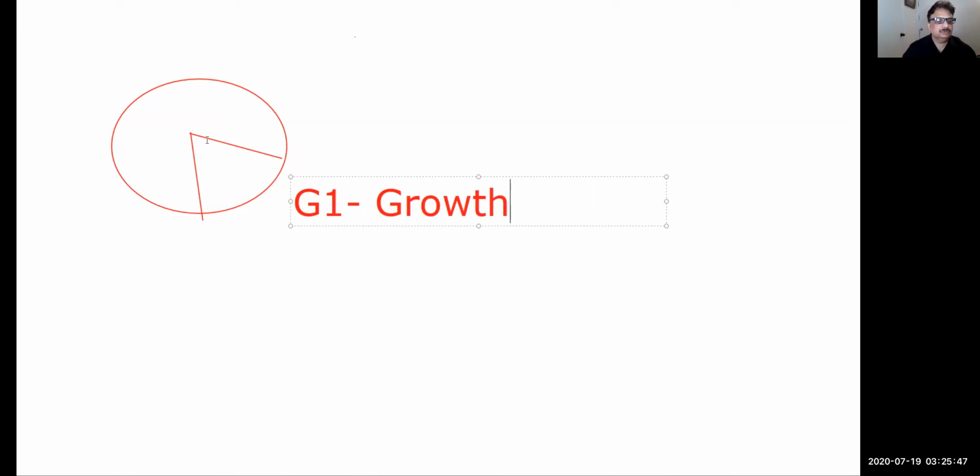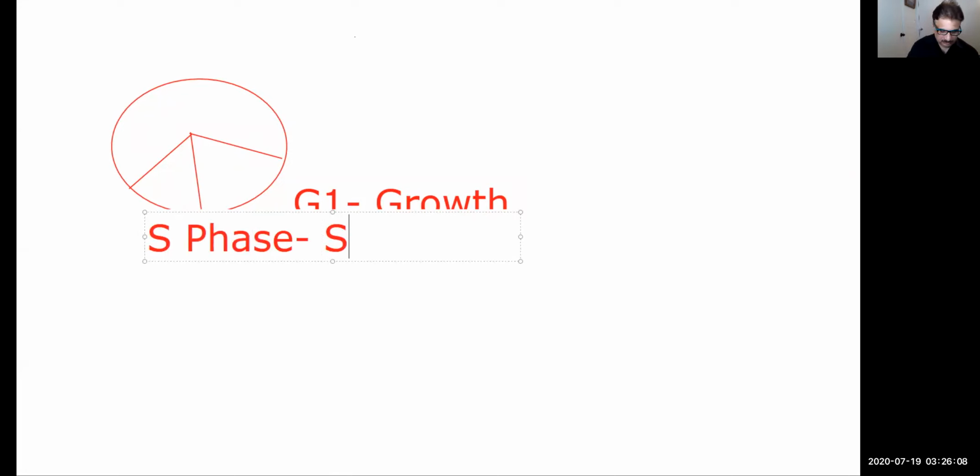The second phase could be S phase, that is called the synthesis phase.